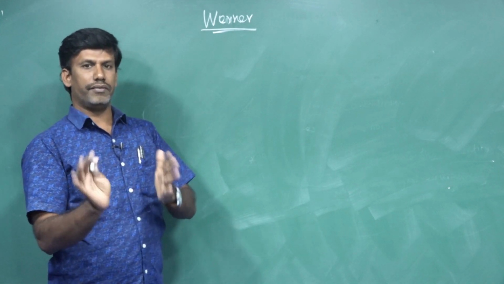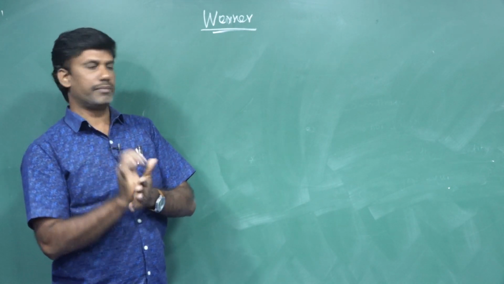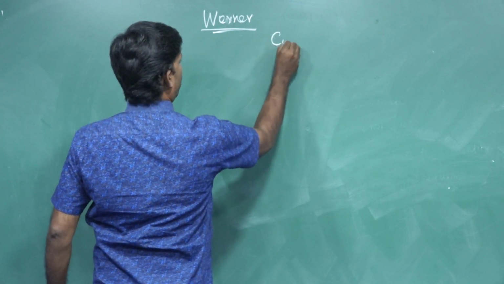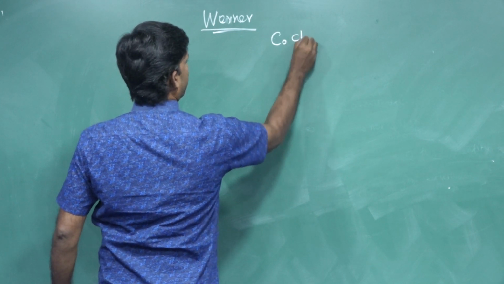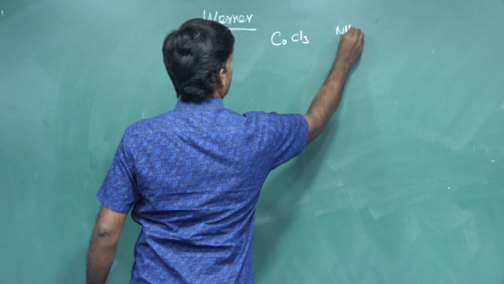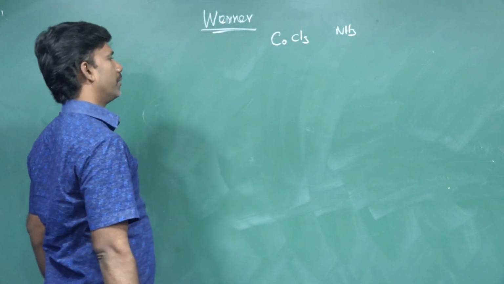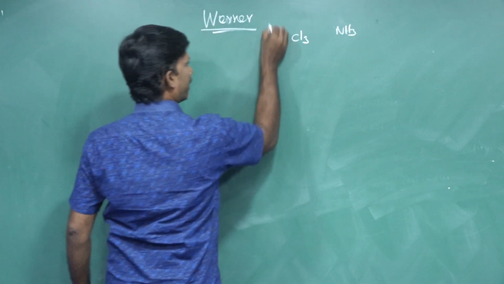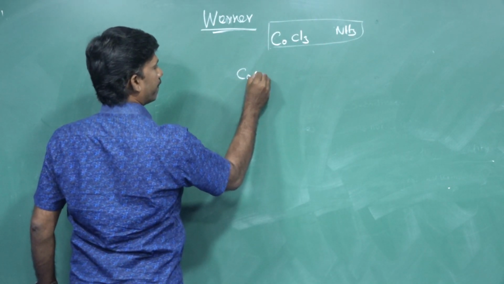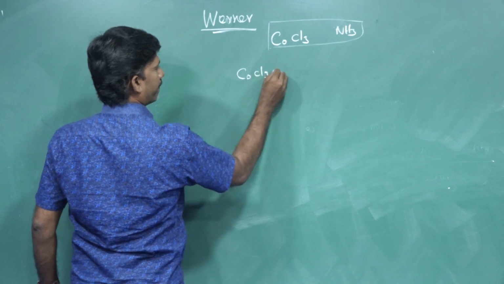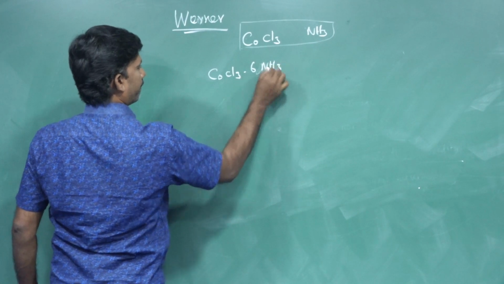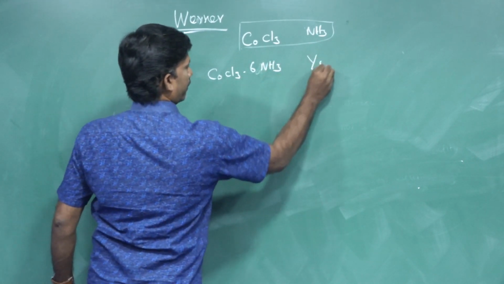For example, take cobalt 3 chloride treated with ammonia. It gives various types of products.